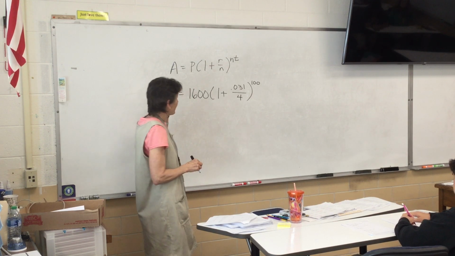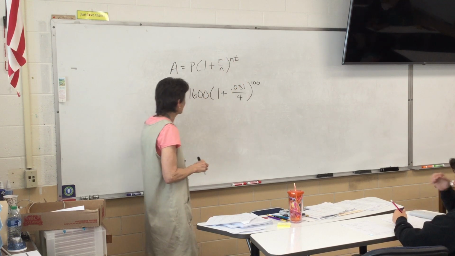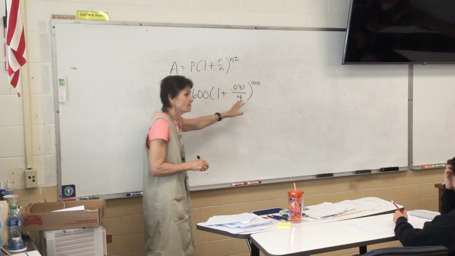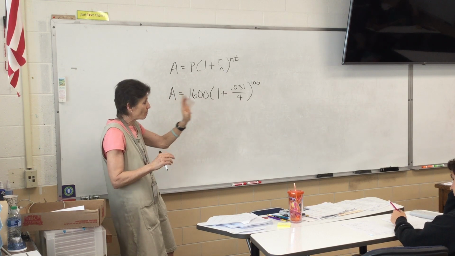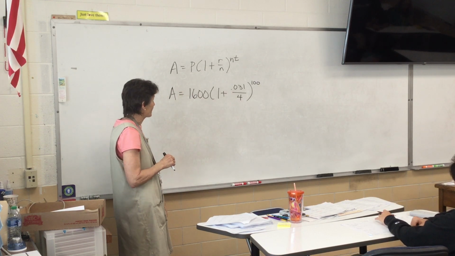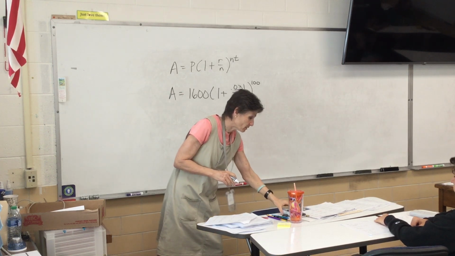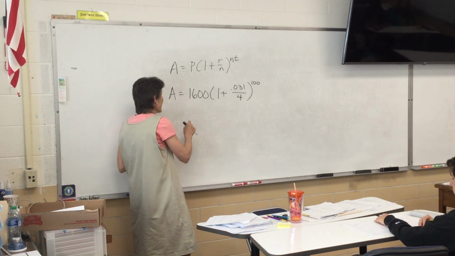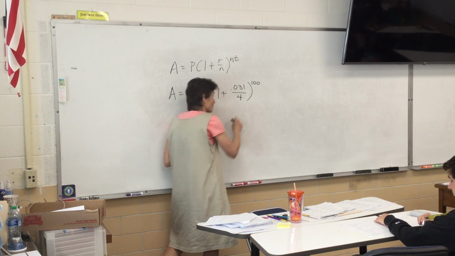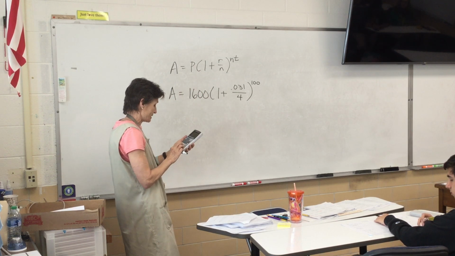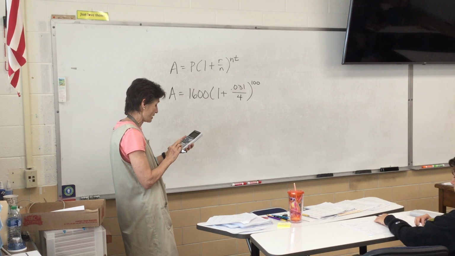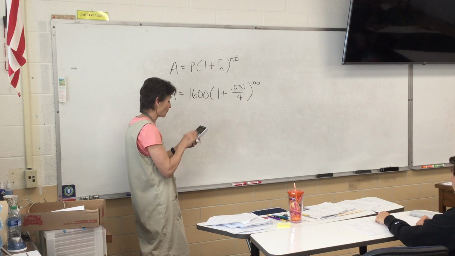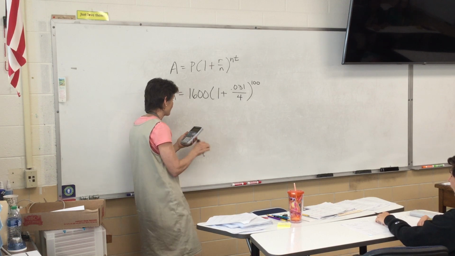Somewhere in your notes, we went through what all these different letters mean. I've now plugged them in so you can see. But remember, we're reviewing today. You already know all this, so go back, find those notes, and look it up. Now, this I just typed into my calculator. If you type it in exactly the way I wrote it, you will be fine. 1,600 parentheses, 1 plus 0.031 divided by 4, close parentheses, raised to the 100th power.